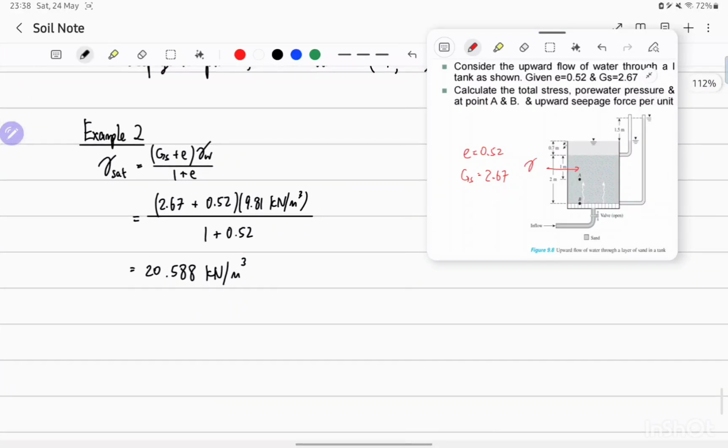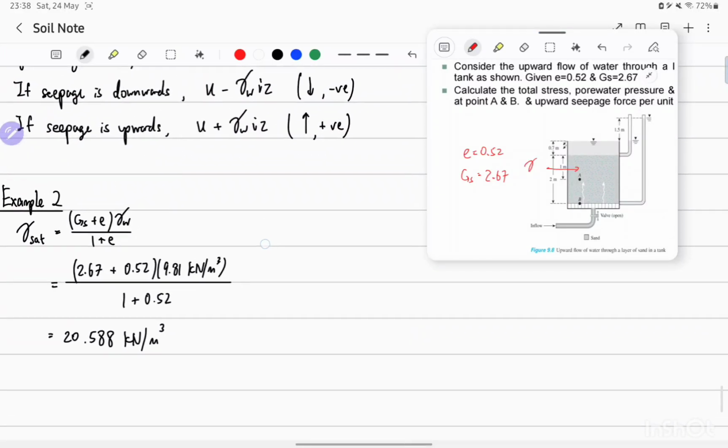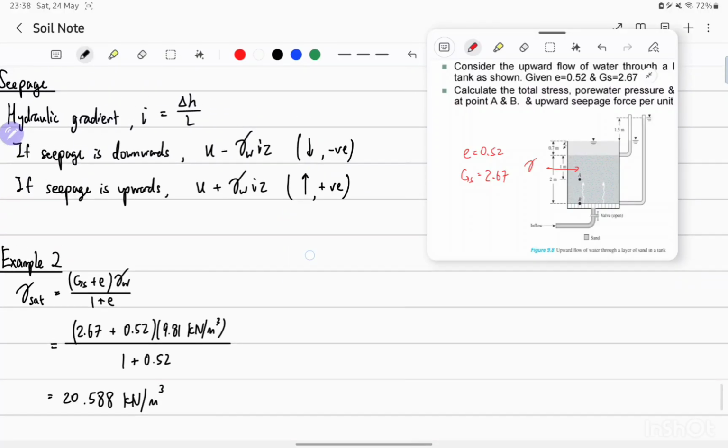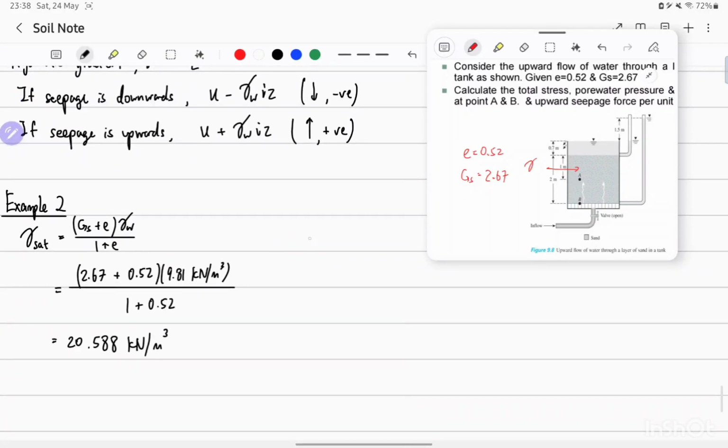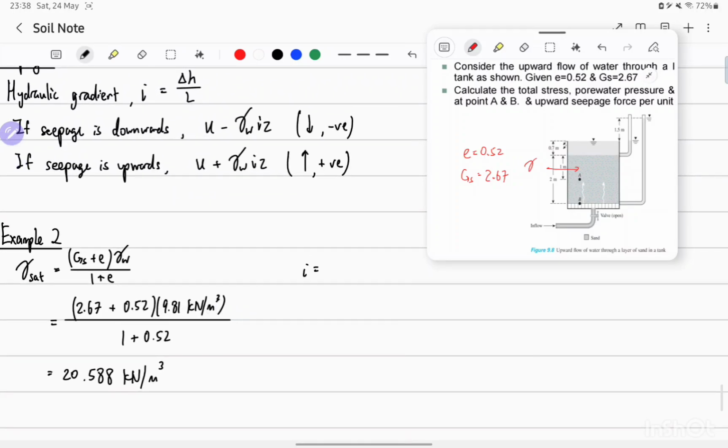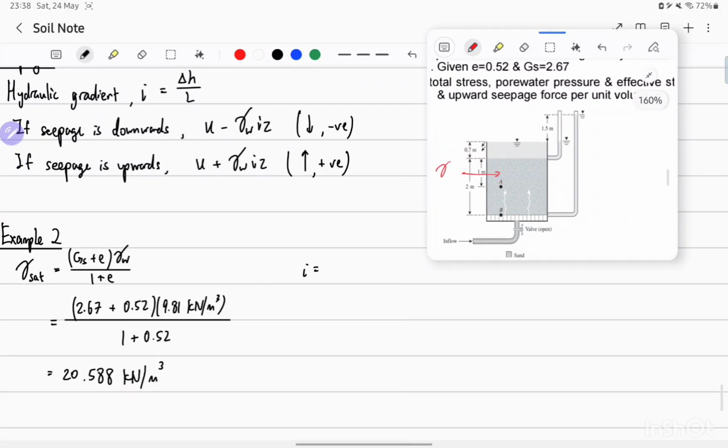Okay, and then since we have an upward seepage, we need to find the hydraulic gradient i. So what's the head difference? It's actually this, 1.5 meter. And what will be the L?